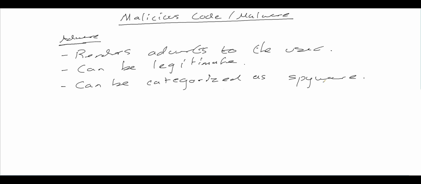And adware can be categorized as spyware. So this is where the adware is sending information back to the developers of the software about what type of user is looking at the advert, for example. And that's why it's categorized as spyware, because in that case it is spying on the user.